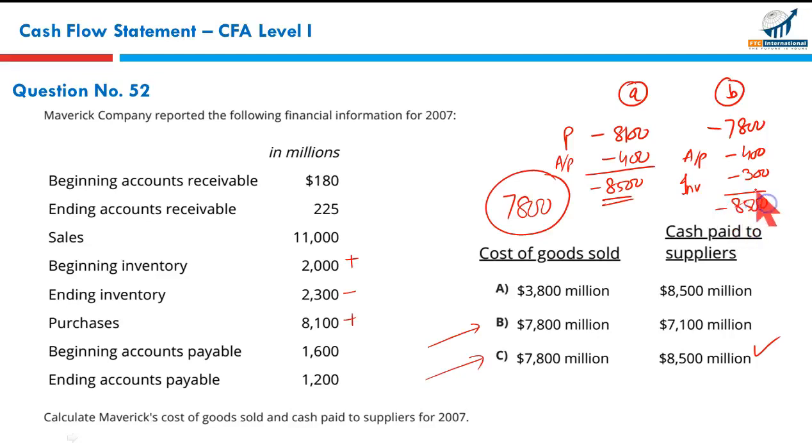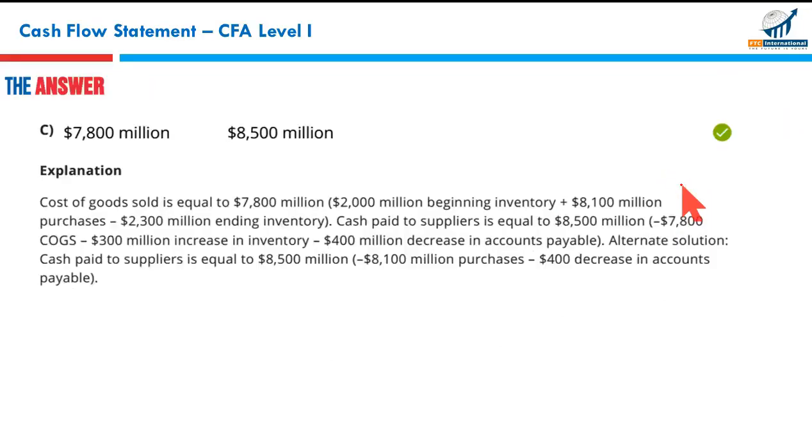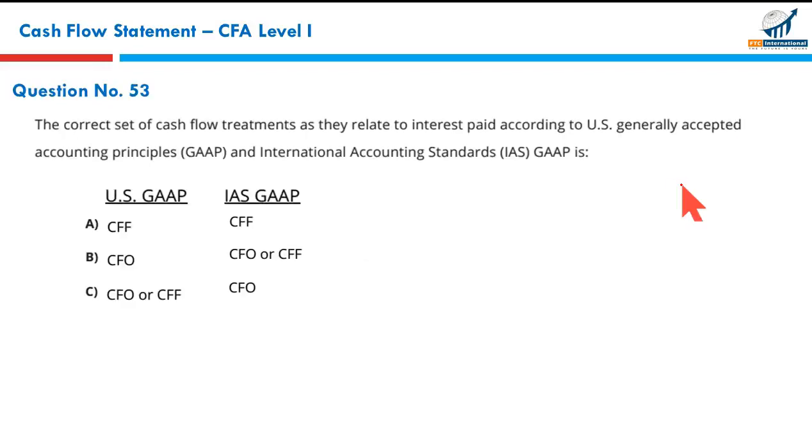That's a very important point to remember. Cash paid to suppliers can either be calculated through purchases and accounts payable, or CGS, accounts payable and inventory. We must not confuse these two. So we got the answer 8,500. That makes C the correct option, and C it is.